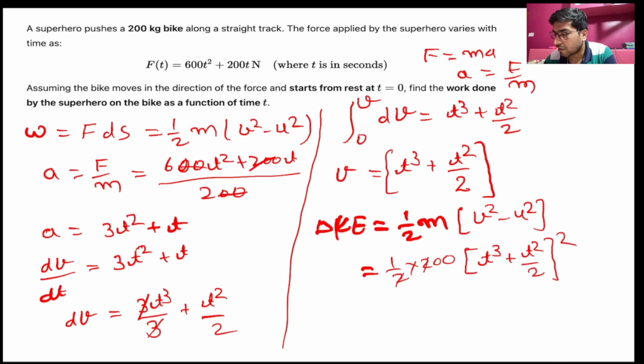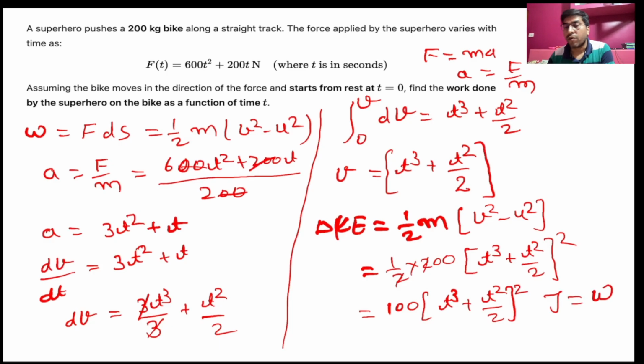This will get cancelled out, it will become 100. So the final change in kinetic energy is 100 into t cube plus t square by 2 whole square joule, and this change in kinetic energy is equal to the work done on the object, or work done on the bike.